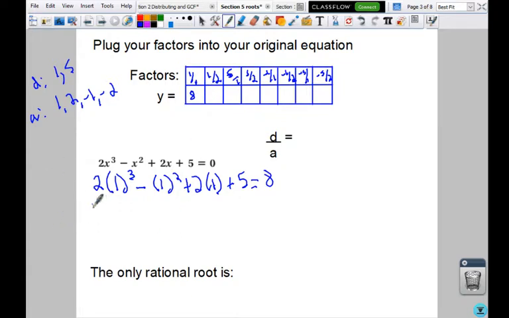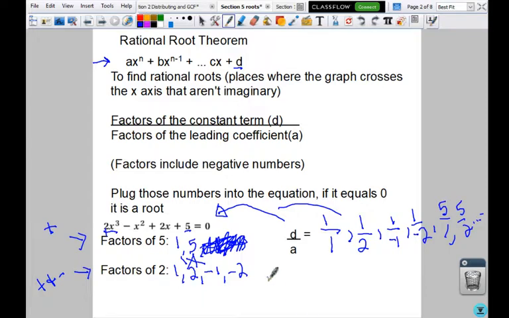Where did you get the 1, 1, 1, 2? Okay, this part really confused me. So we are making a fraction. On top, we're going to start with our factors of whatever our very last number on the end is, which is 5, right? My factors are 1 and 5. On the bottom, it's the factors of whatever my very first number is, which is 1 and 2. But on the bottom, we're also going to do the negatives, -1, -2. So we're just making factors of the first and the last number.